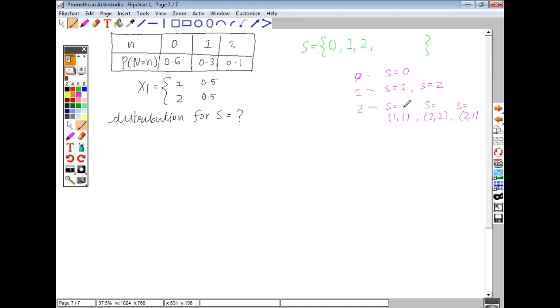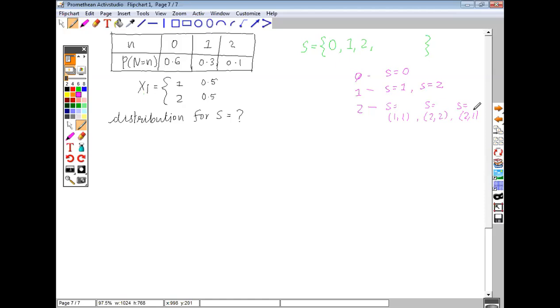What will be my S in this case and all of these cases as well?